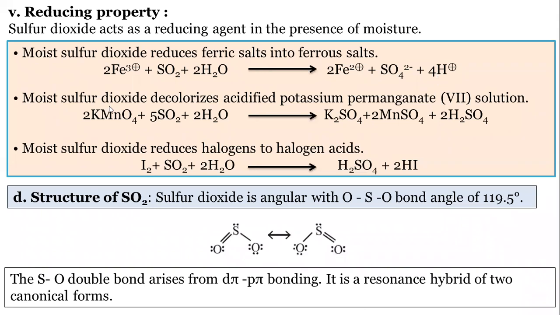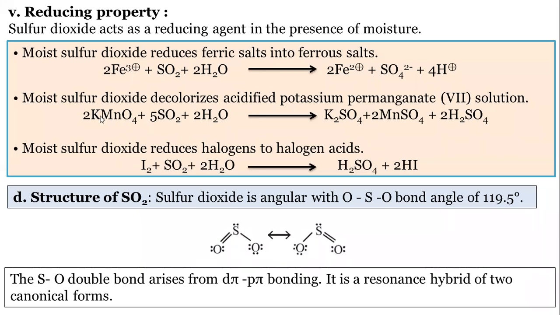Then second one, sulfur dioxide decolorizes acidified potassium permanganate. Potassium permanganate, you know, is a pink colored solution. When SO2 is added, the color of the potassium permanganate disappears; it becomes decolorized.